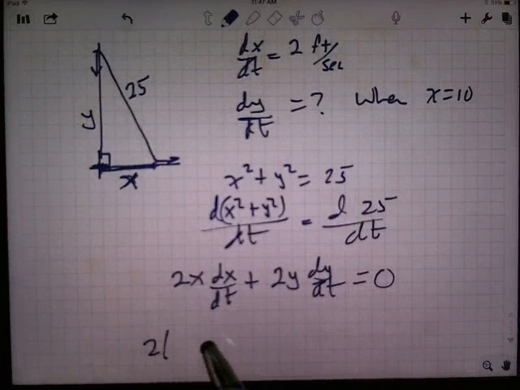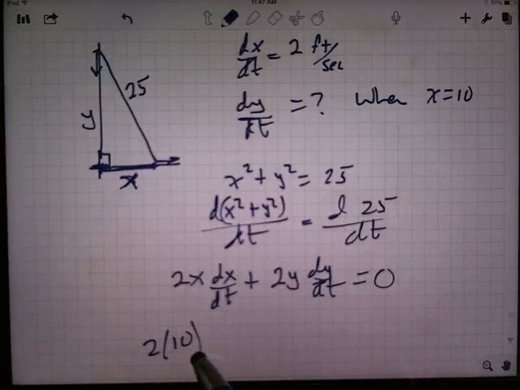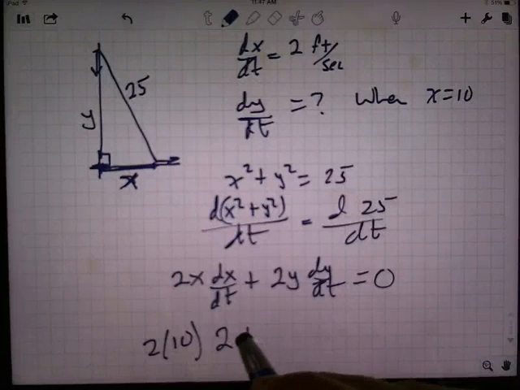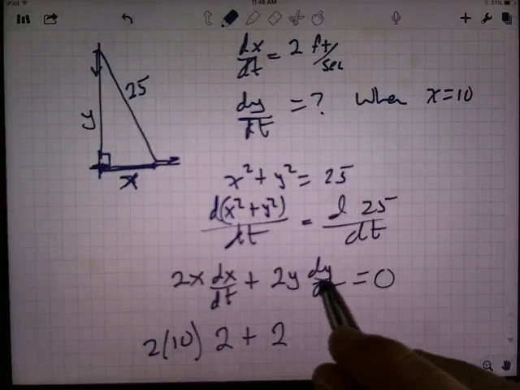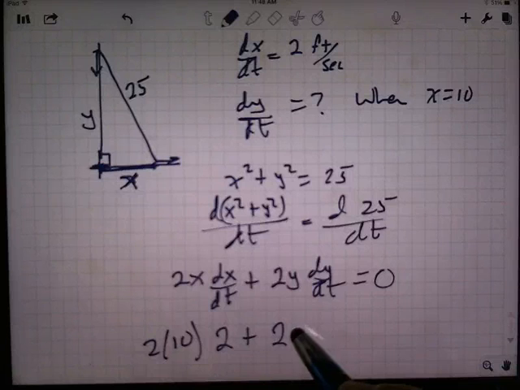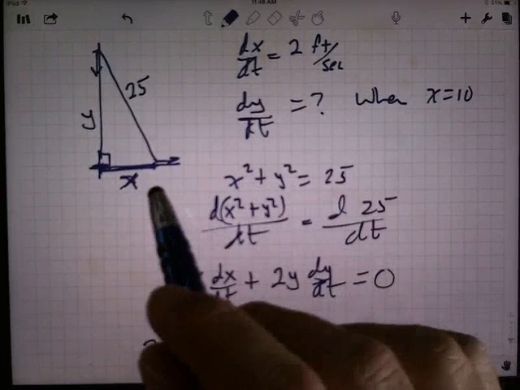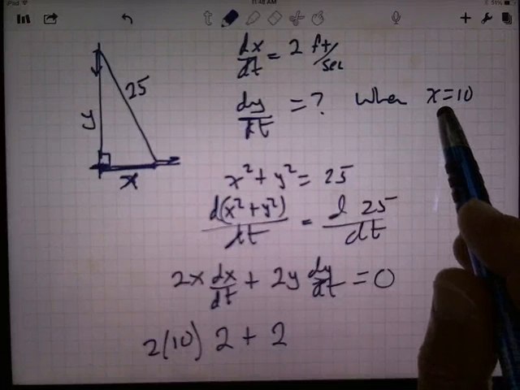I've got 2 times x, so x is going to be 10, times dx/dt, that's given as 2, plus 2 times y. I don't know what y is. And I'm looking for dy/dt, so I better be able to figure out what y is. This is a situation that comes up fairly often, that I know one of the variables at the time I'm interested. Can I find the other one?